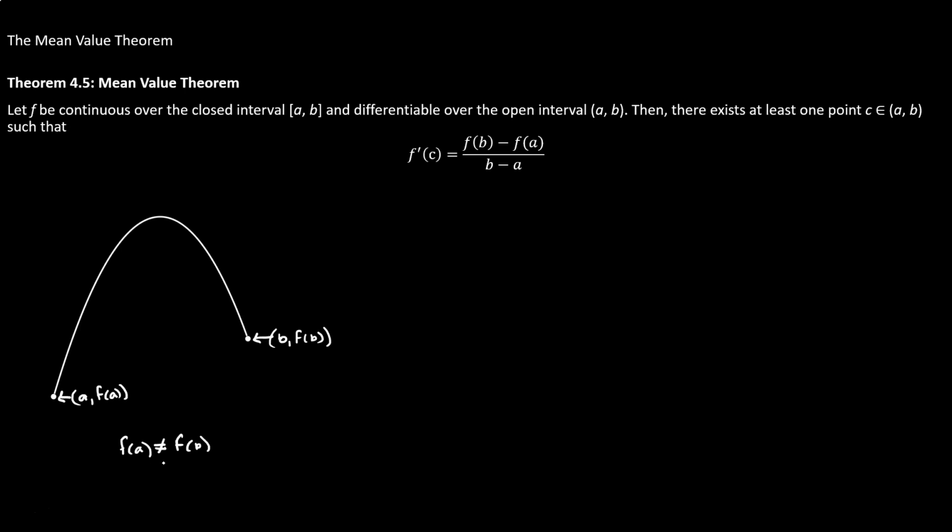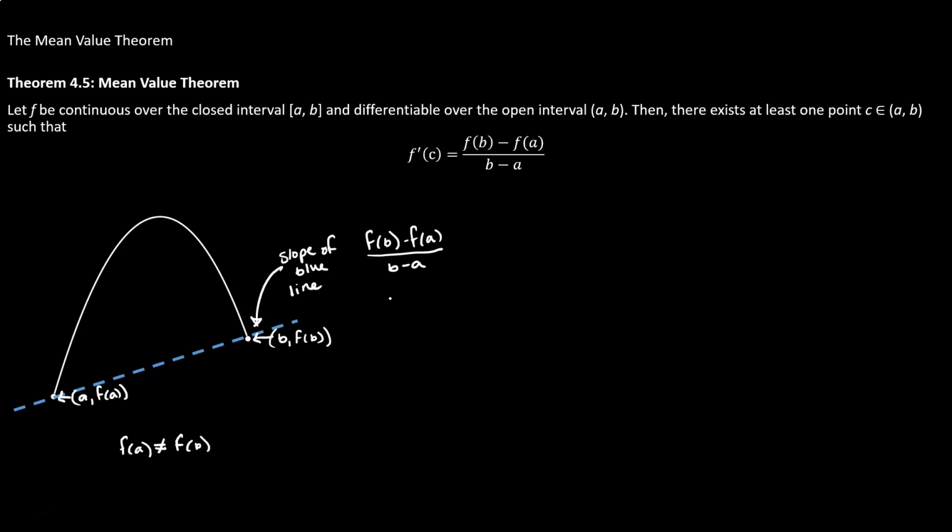Instead, we'll use the mean value theorem, which tells us that we can create a line through our endpoints, and that line is going to have a slope that looks like f at b minus f at a divided by b minus a.